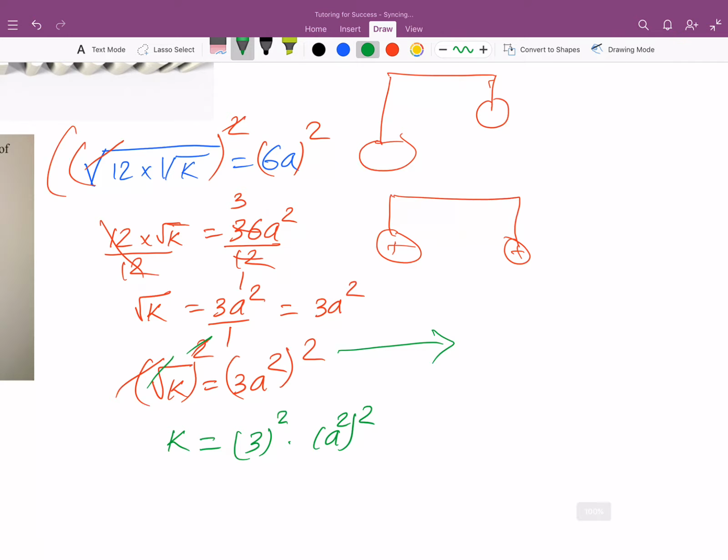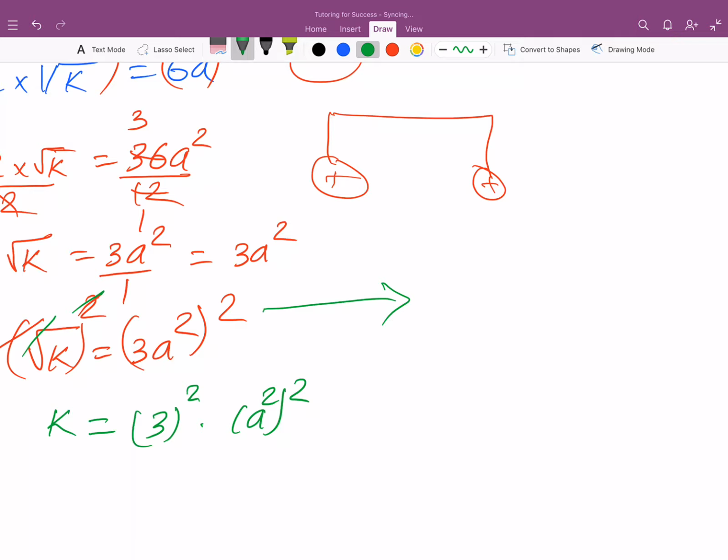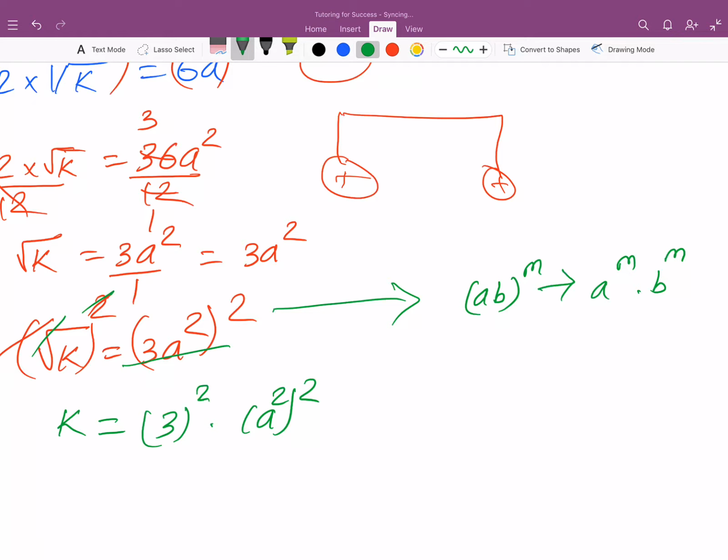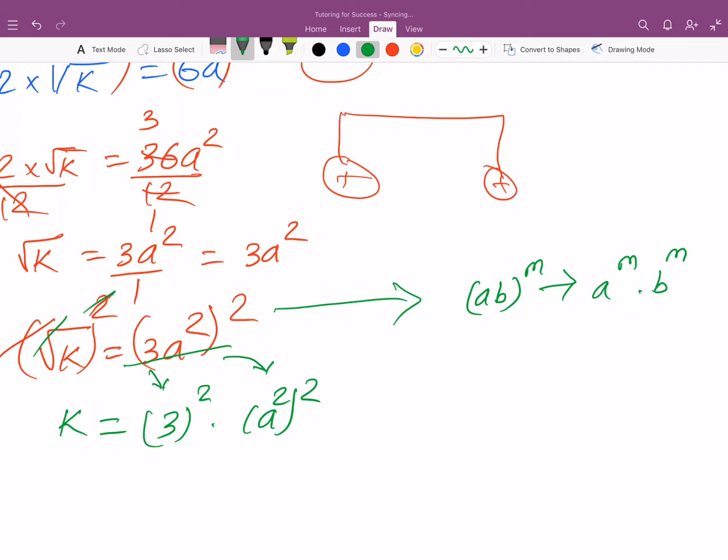Let's break it down. The power of a product rule states that if you have a base, let's say a times b, with a merged power of m, you can actually expand it with individual powers, a to the m and b to the m. That is exactly what I did here. So I need to square the 3 individually, and also square that a squared individually.